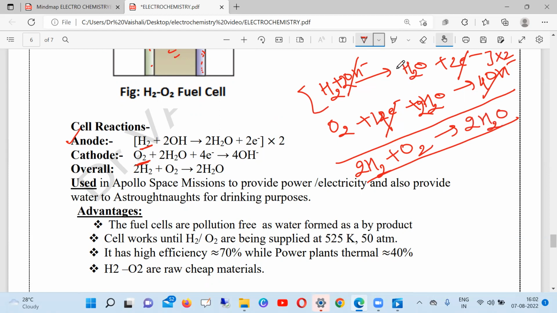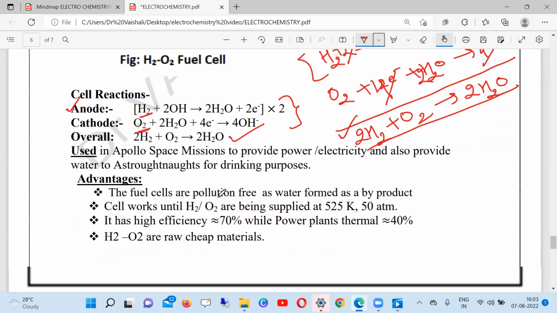So this is the overall reaction. Whenever in exam comes, write the cell reactions of fuel cell, तो ये नहीं कि आपने सिर्फ overall लिख दिया, you will not get the marks because everyone knows कि H2 plus O2 gives 2H2O. You have to write both steps, anode and cathode reactions.